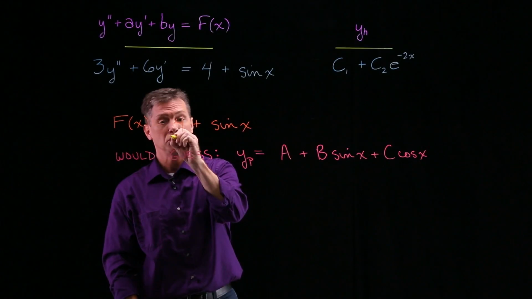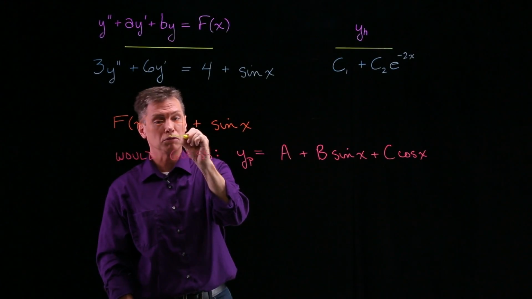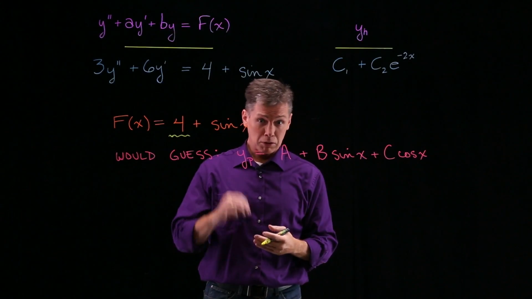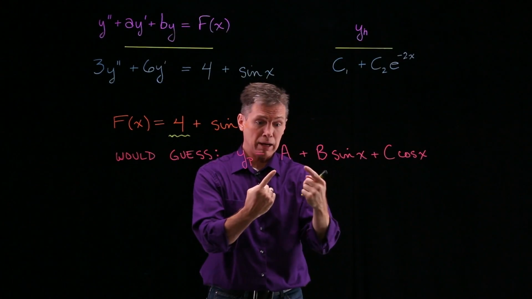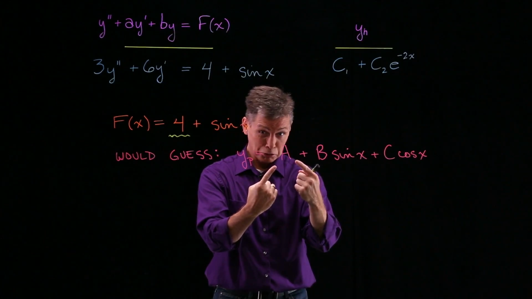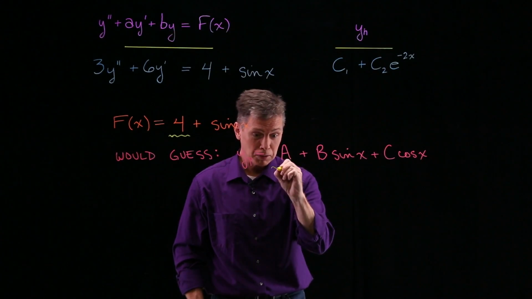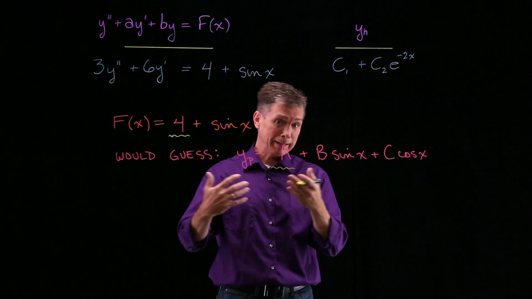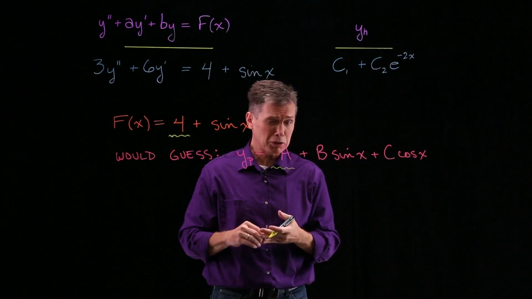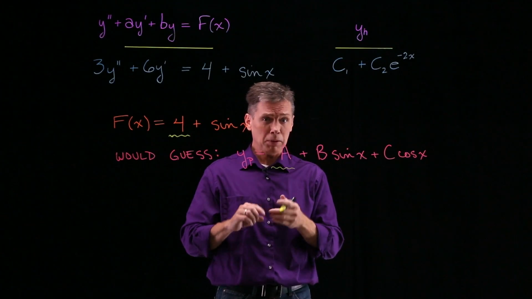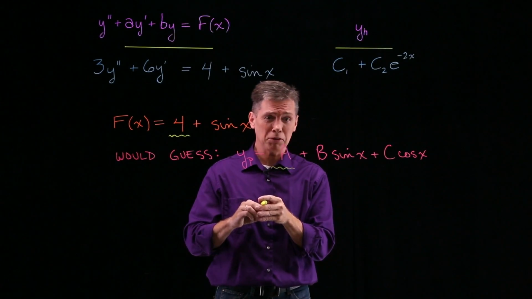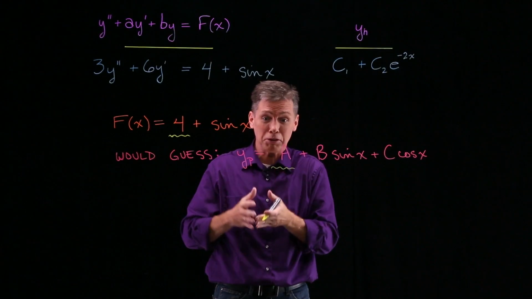I have this 4, just a lonely little 4, but I view that as a polynomial of degree 0, and I have to match that. This is also a polynomial of degree 0, but I have to keep it as generic as possible. So capital A, and I'd have to figure out what A actually equals if they wanted me to. That's something else you might catch in the directions: they said you don't need to solve the actual differential equation.